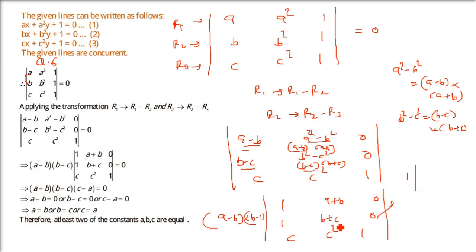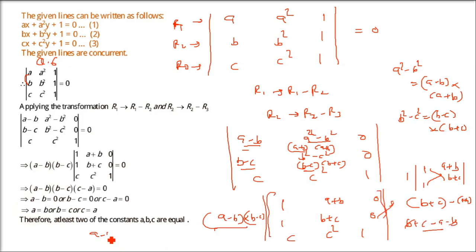So we have 1, 1, a plus b, b plus c. This will be b plus c minus a minus b. So b cancels, and c minus a will come.